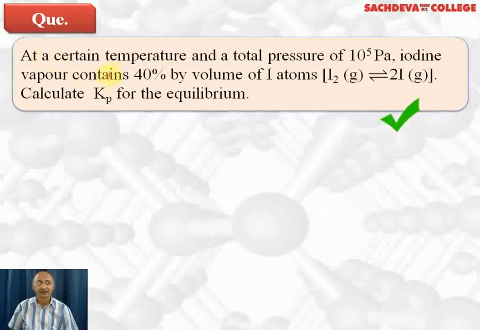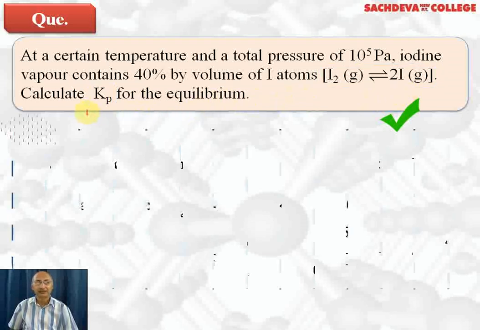Next question: at a certain temperature and a total pressure of 10 to the power 5 pascals, iodine vapor contains 40% by volume of iodine atoms. The equation is iodine gas gives 2 iodine atoms in the gaseous form. Calculate Kp for this equilibrium.